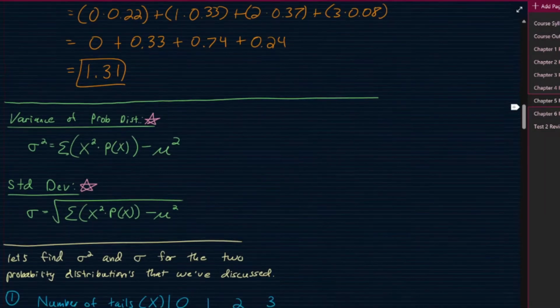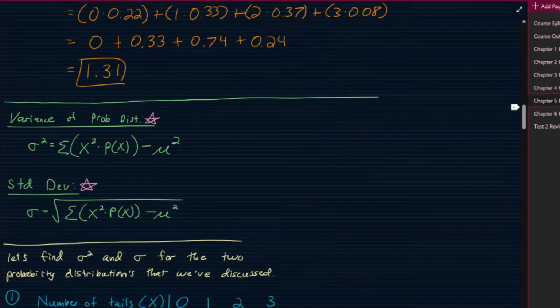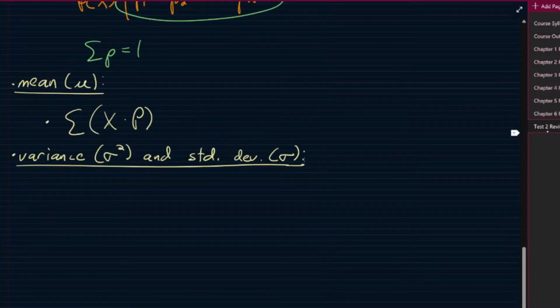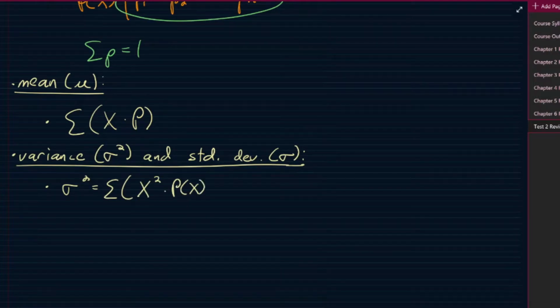The formulas for these look similar to the mean, the summation part, but instead of x, it's x squared. And then we subtract mu squared. We've got to know what mu is, so that's why we calculate the mean first, because we need it anyway in our variance and standard deviation formulas. So the variance is the sum of all the x squareds times their probability minus mu squared. And the standard deviation is the square root of this.